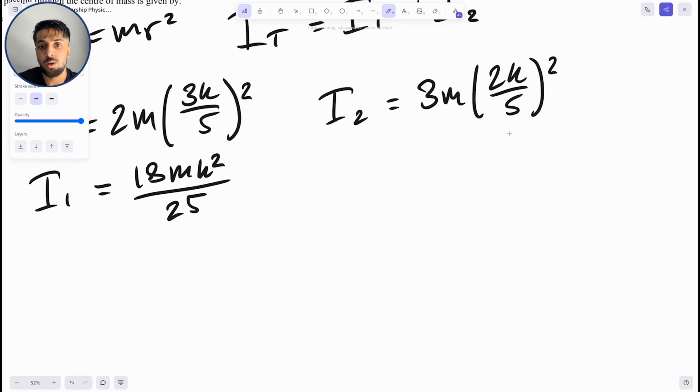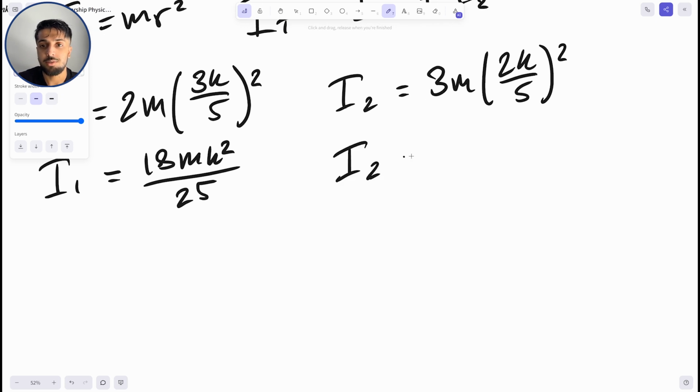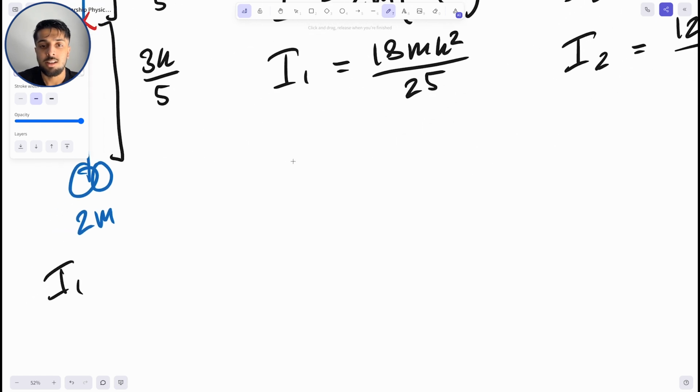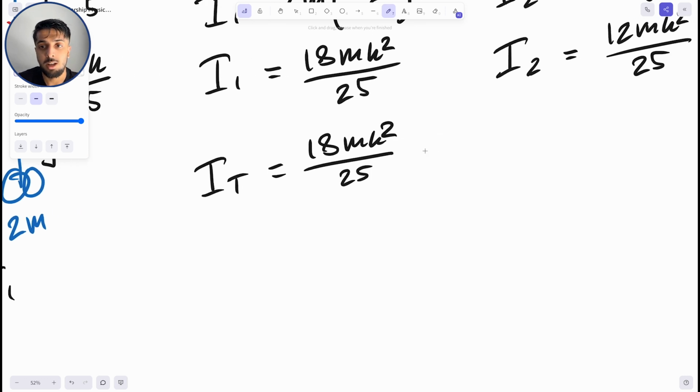And that's all squared. Expanding this out gives us a value of 12mk² all over 25. Again, our I total is equal to I1 plus I2, therefore that's 18mk² all over 25 plus 12mk² all over 25.